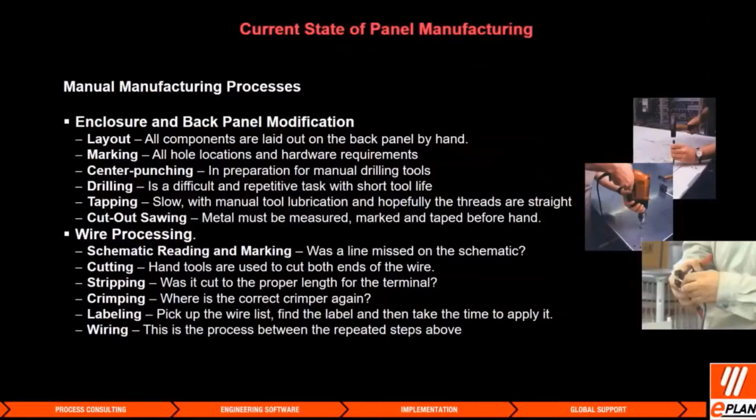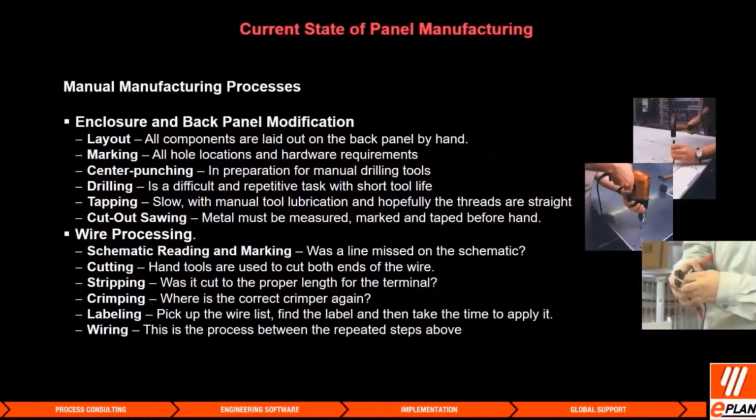So talking about the layout of all the components on the back panel or on the enclosure, marking out all the hole locations and hardware requirements, center punching, and this is once all the components have been taken back off the panel, center punching, drilling, tapping all of those holes, and then the cutouts, certainly in the enclosure body itself, often for filters, fans, HMIs, that type of thing. Those areas need to be marked and taped off before they're machined.